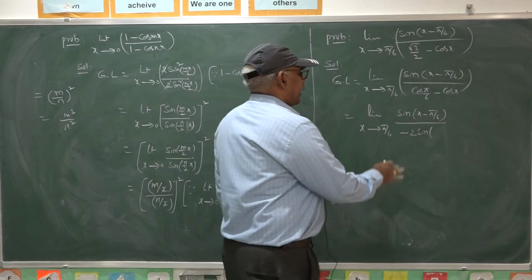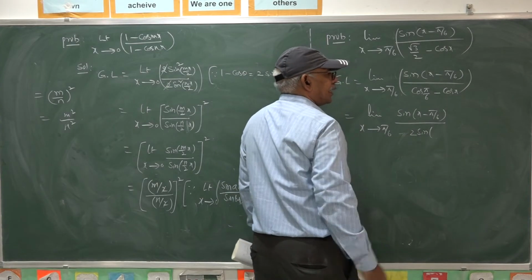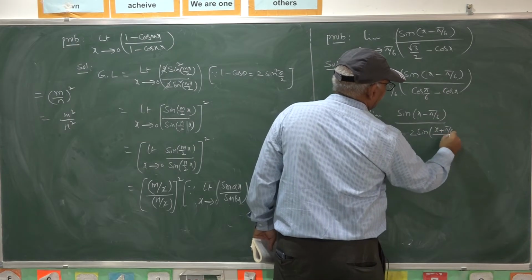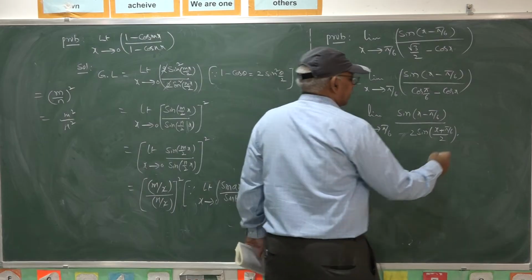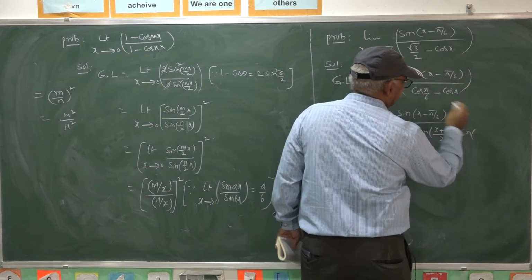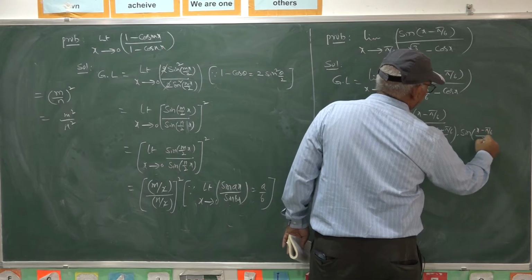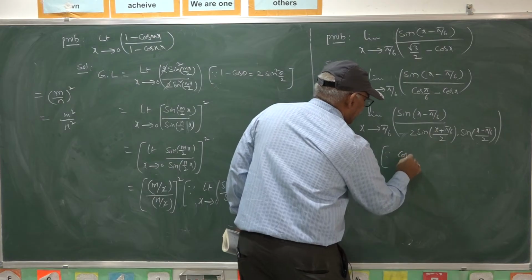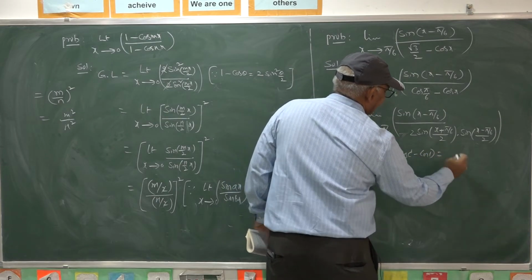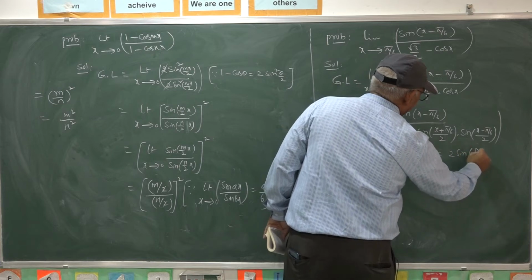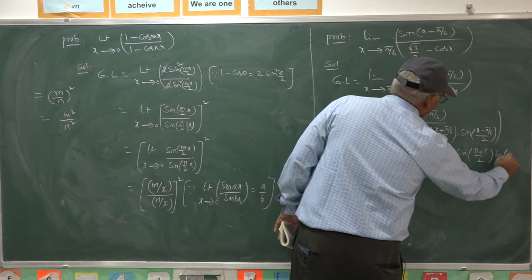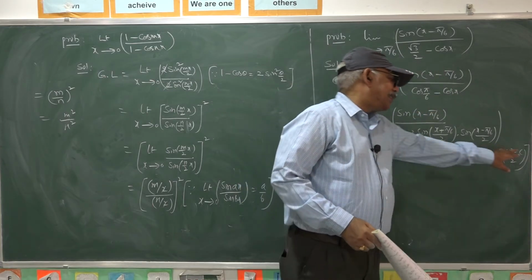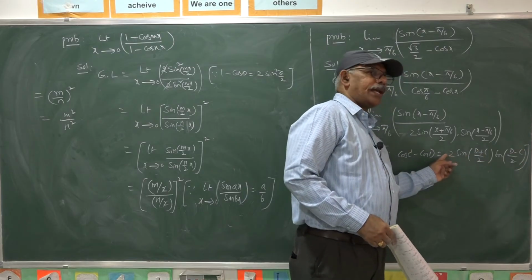Otherwise, you can take it as 2 sin of d plus c by 2, sin of d minus c by 2, since the formula is cos c minus cos d is 2 sin of d plus c by 2 sin of d minus c by 2. Once you write c minus d, you get minus here.